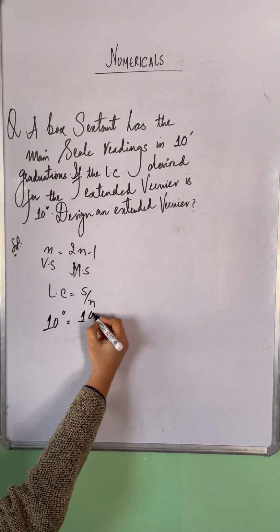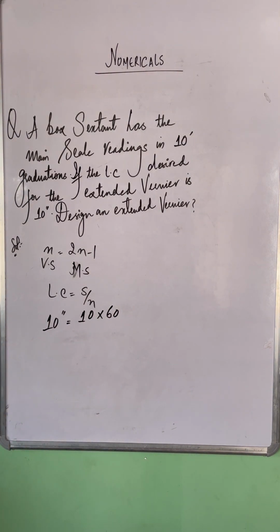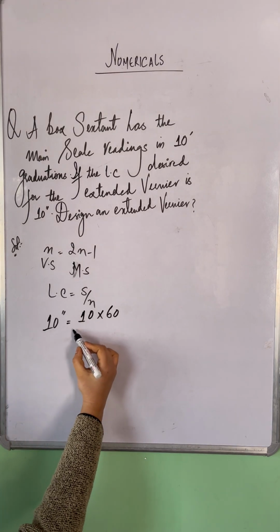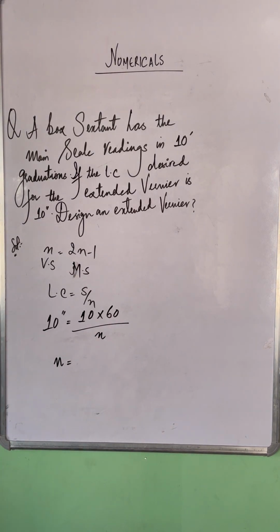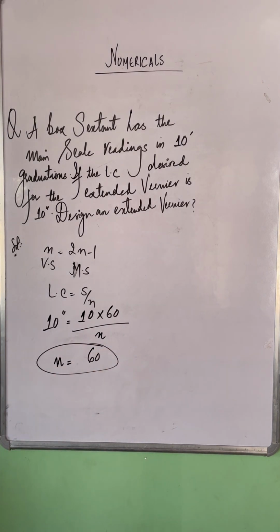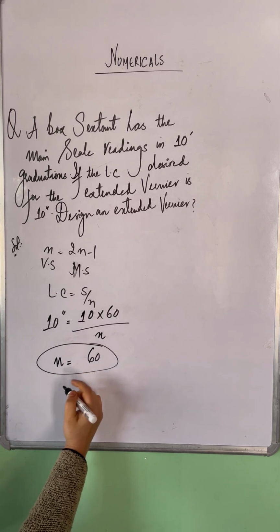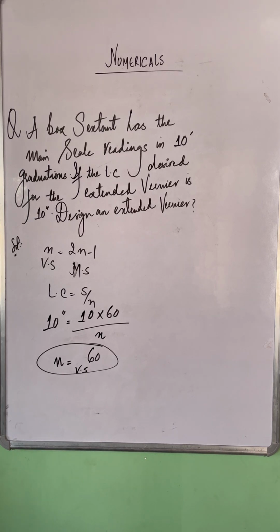I'll convert it into seconds for dimensional homogeneity, divided by n. My n will be equal to 60. So n divisions will be on this vernier scale. That means 60 divisions will be on the vernier scale. So how many divisions do I require on the main scale?